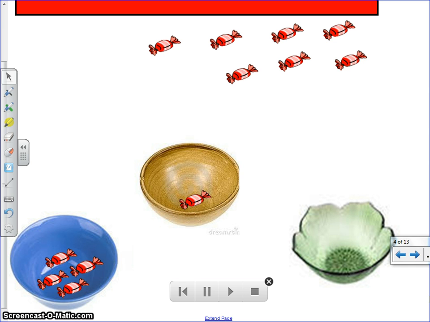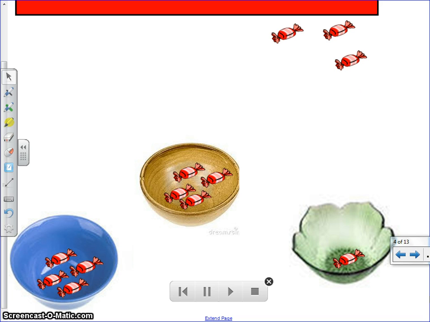I'm going to put 1, 2, 3, 4 in the second bowl, and 1, 2, 3, 4 in the third bowl. They're divided equally between 3 bowls.